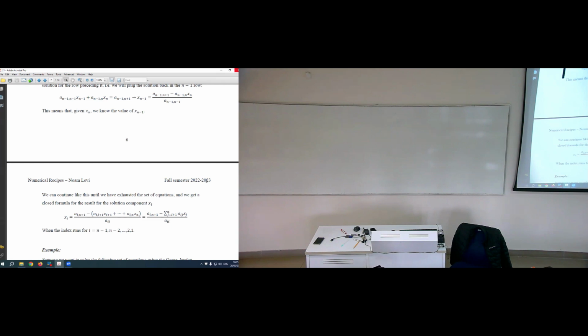We can write it like this, where the x_j's run from i plus 1 up to n, and we have already found them in the steps before. So that's how you can implement this.